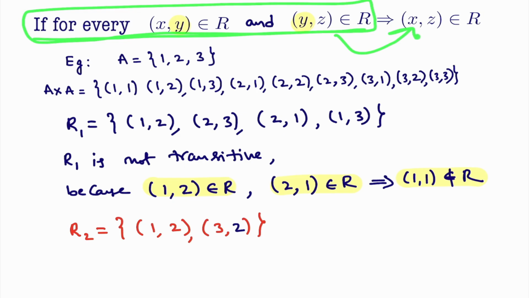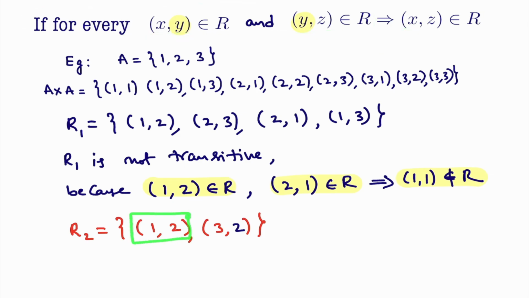Otherwise, we say that that particular element passed the transitive test. Here, when I try to check whether (x,y), (y,z) exist or not, we didn't find (y,z). So we say that this element passed the transitive test. For this ordered pair, there is no other pair that starts with 2, so this element also passed the transitive test. So finally, we say that this relation is transitive.